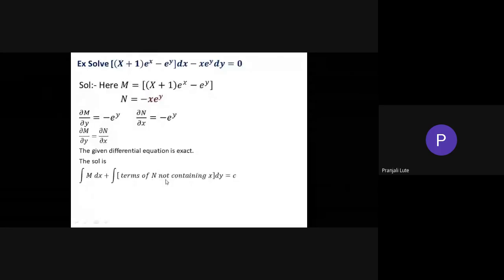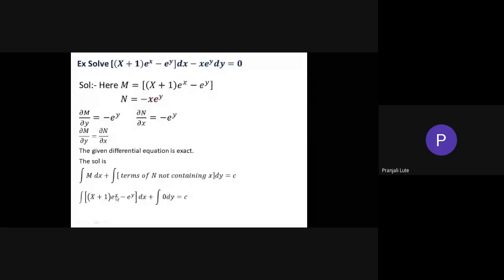Integration of M dx plus integration of terms of N not containing x. So here put the value of M. M is (x plus 1) e to the power x minus e to the power y, into dx, plus terms of N not containing x.